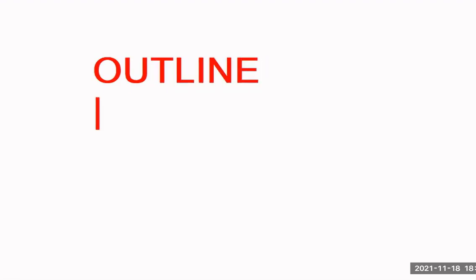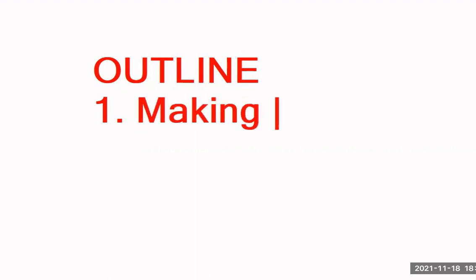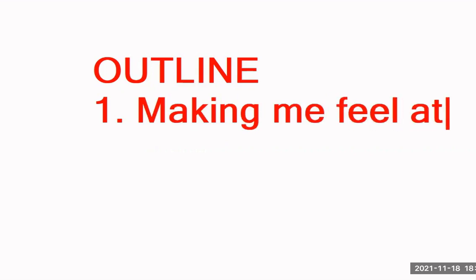You are asked to discuss at least 2 ways. So now the first one, you can talk about, well, making me feel at home or giving me a sense of belonging.